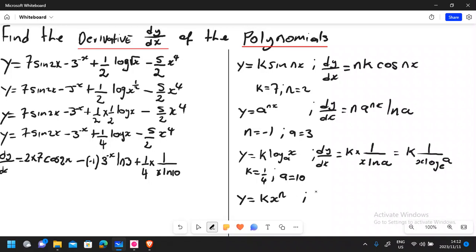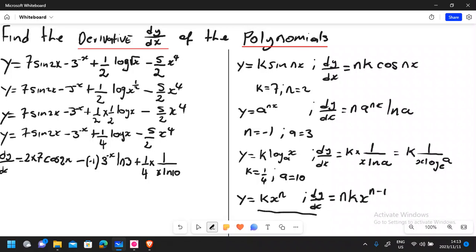When we find dy over dx for this one, it's going to be n multiplied by k, then x to the n minus 1. This is a standard formula, guys.